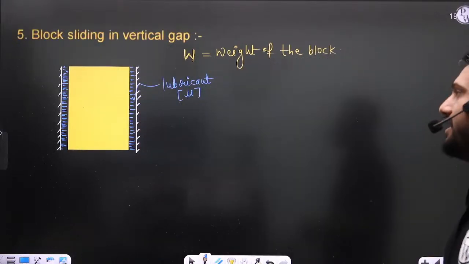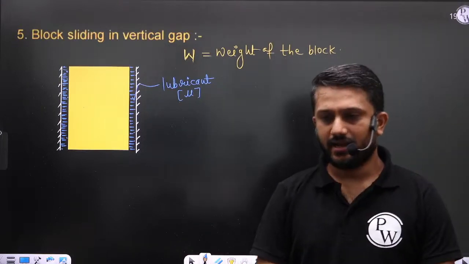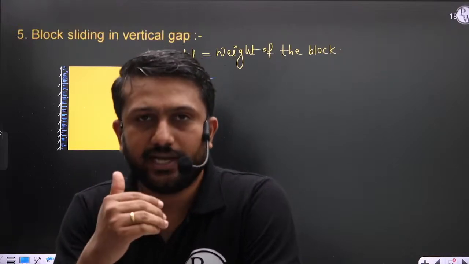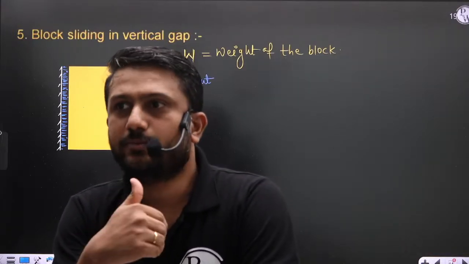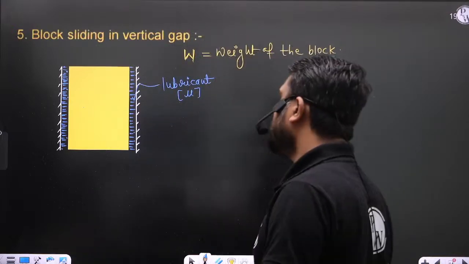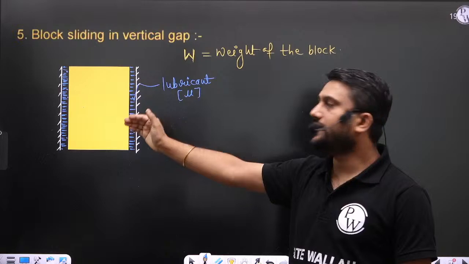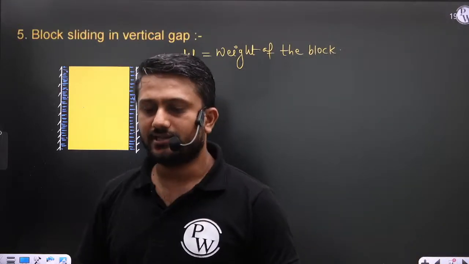So what is my objective in this problem? My objective is calculation of terminal velocity of this block. You can say, sir, what is the terminal velocity? This is a new term for us.